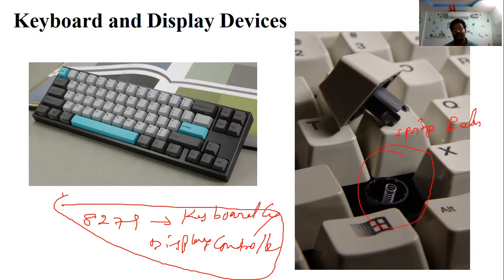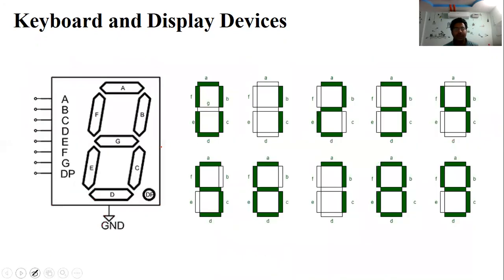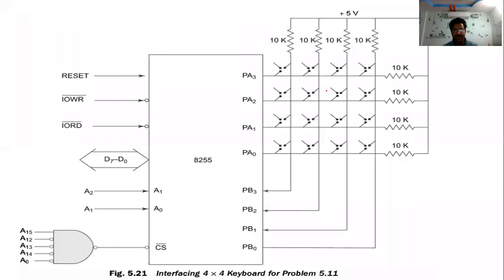This is the display, a 7 segment display. In the last class we already discussed all these things. These are the 7 segment displays. So this is the way we are connecting the keyboard to the microprocessor.